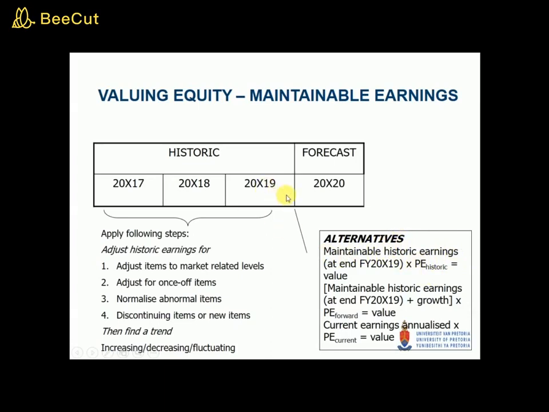In other words, I've got to look at my earnings at that particular point in time. When I'm looking at my forward multiple, I've got to use my forward-looking maintainable earnings. And when I'm looking at my current PE multiple, I've got to look at my current earnings in the current year, grossed up to account for the entire year's worth of earnings to determine that particular value. So the main concept that we want to look at here is compare like for like.